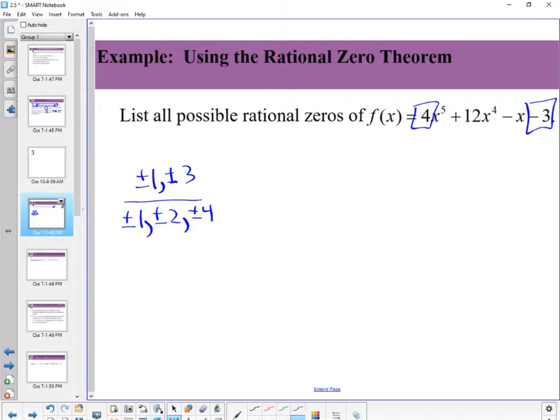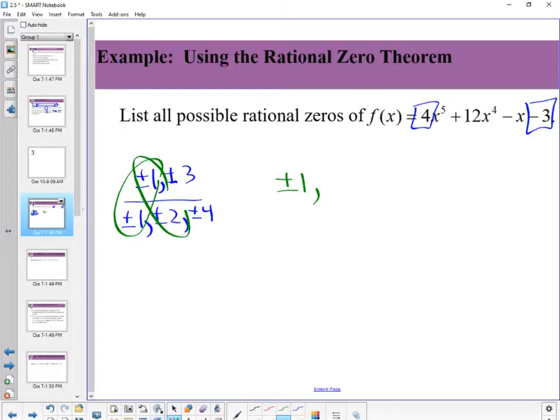So what I've done for myself is created kind of a bank of possible zeros. Okay? Let me tell you how to extract them. It's going to be every combination of numerator to denominator. So, for example, 1 over 1 is 1, right? So I would want to test a positive and a negative 1.